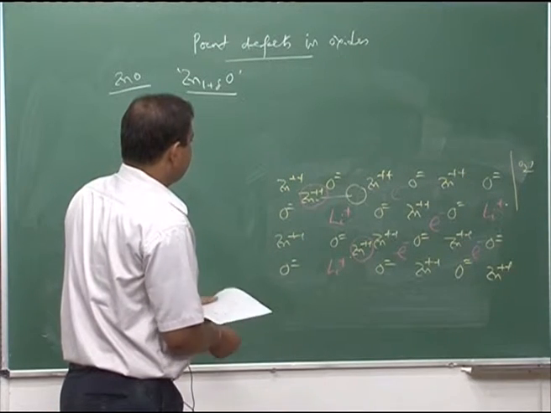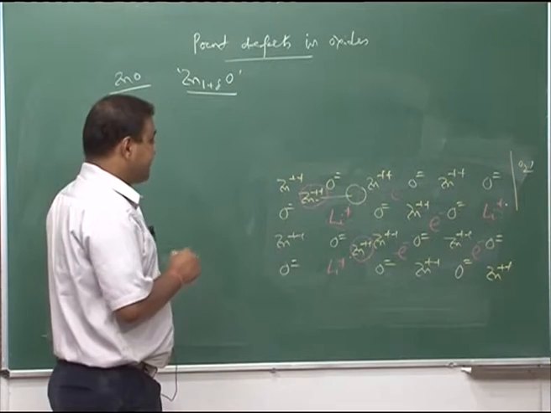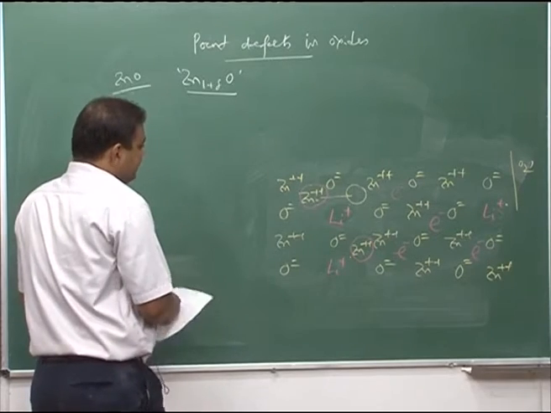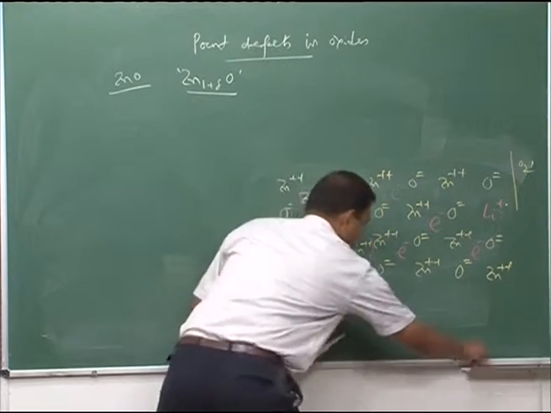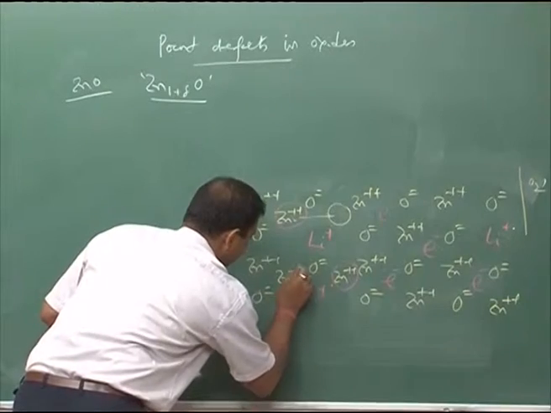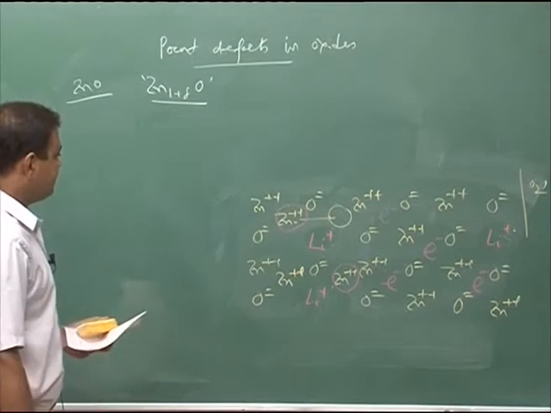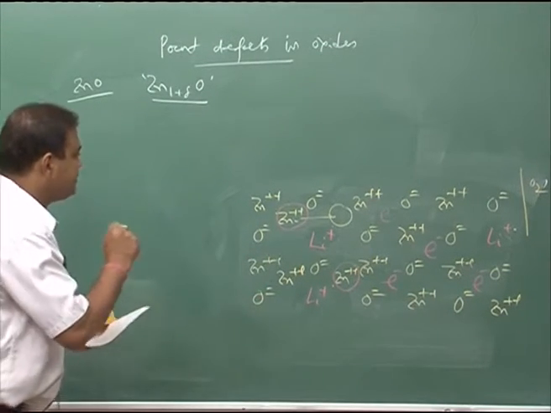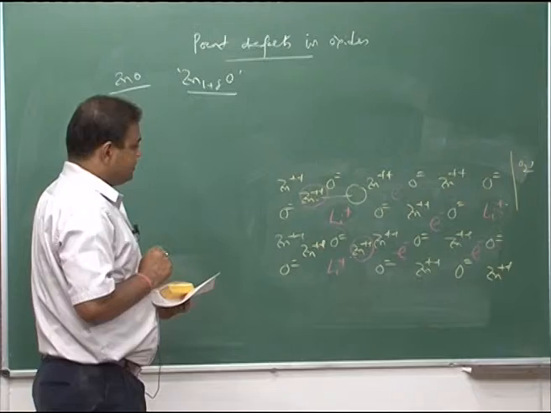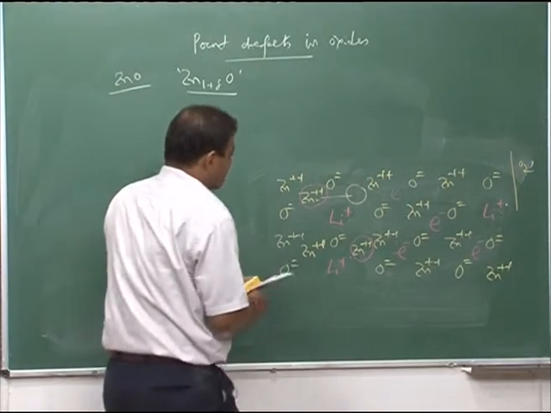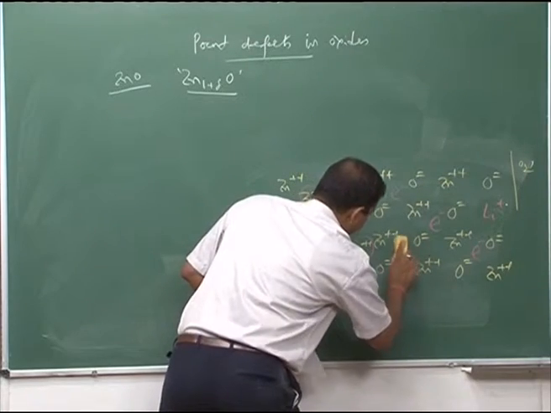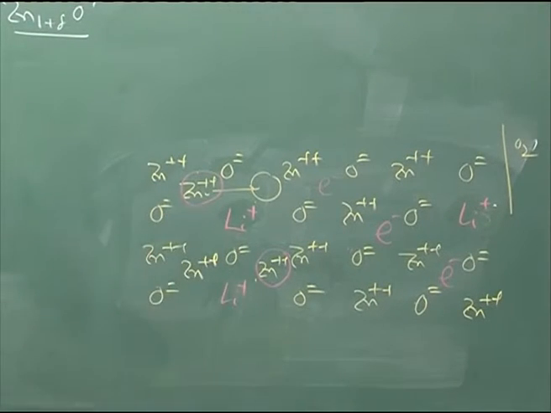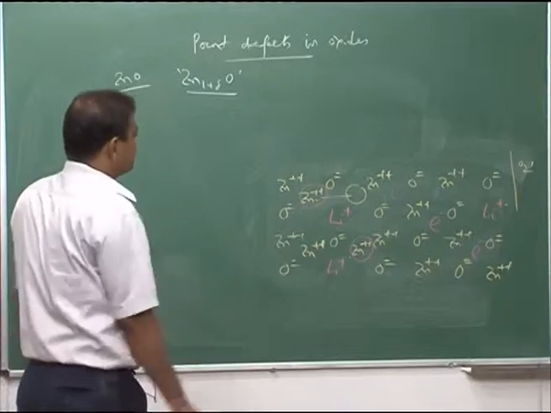In order to balance those 3 excess negative charges, if we add one interstitial cation, then we see that there is one more negative charge which is to be neutralized. In order to neutralize that one more negative charge, we can get rid of one extra electron. So, we see that now this is neutralized, which means the entire oxide is neutral.